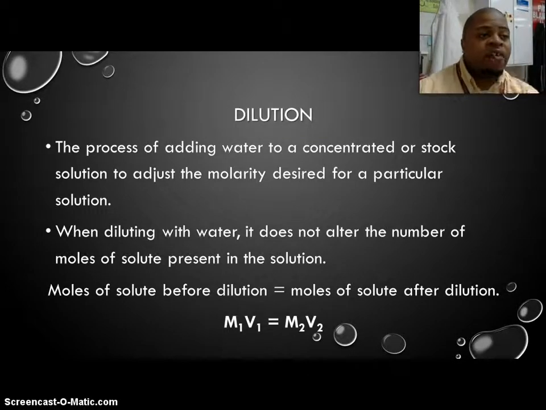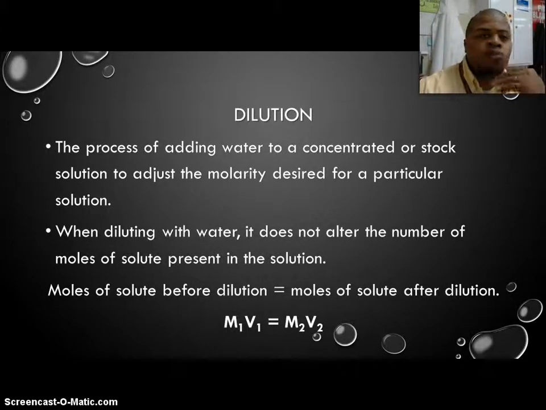Now, if I have some type of solution, and of course with all of these we're going to have practice, so don't worry. If I have some type of solution, usually called a stock solution, and I need to make a lower concentration, I'll just add water. But I have to know how much water I'm going to add.